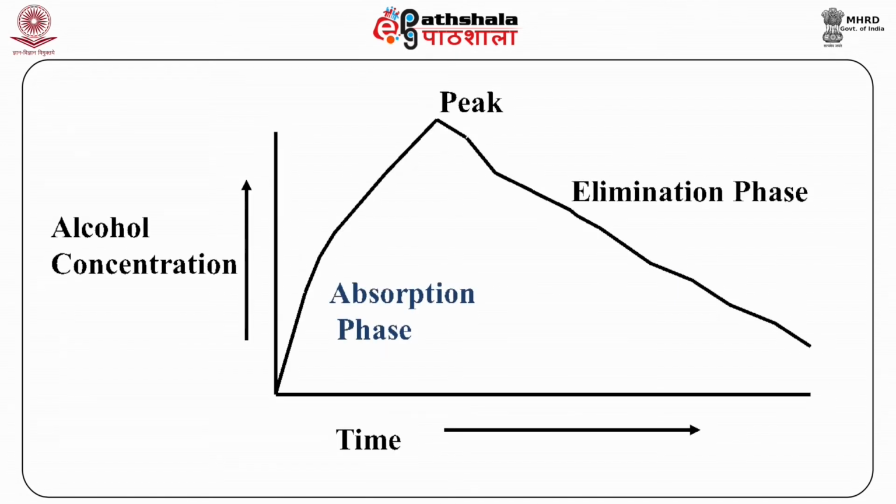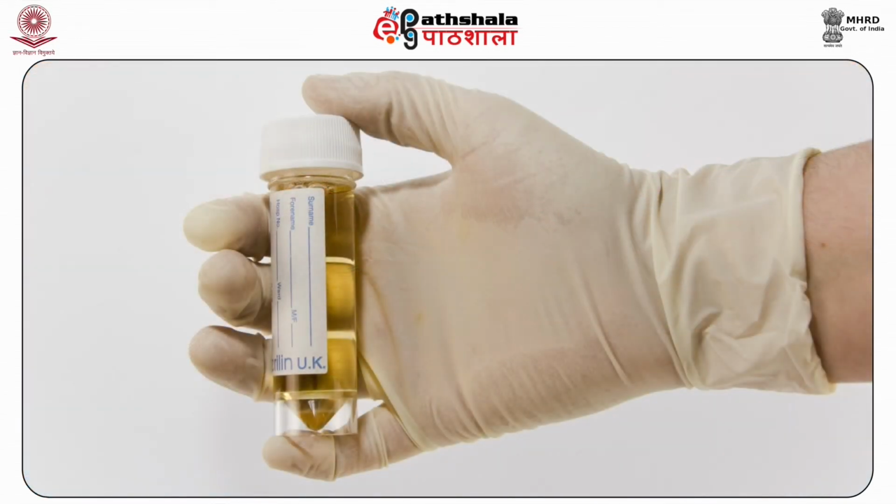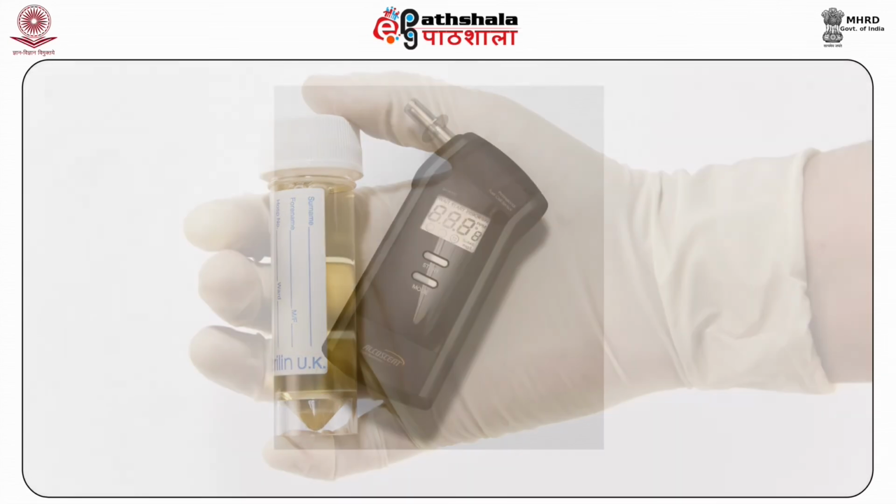Alcohol intoxication can be legally defined by the BAC, but the idea of drawing blood from the vein of a driver so as to determine whether he is drunk or not doesn't seem practical. Urine tests too proved to be equally impractical as blood sampling.